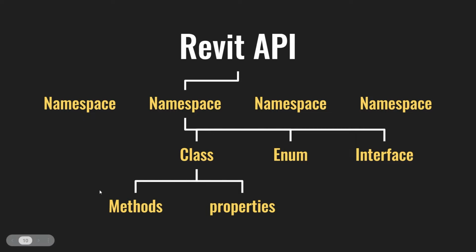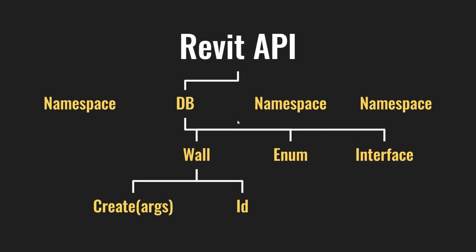And classes, as you can see here, are made of methods and properties. So in each class, you're gonna find some methods and some properties. An example of that is the namespace DB database, which has a class named Wall, for example, and it has a method called Create that needs some arguments to pass, and it has as property an ID. Assuming you already know C#, this is not something difficult for you to understand.